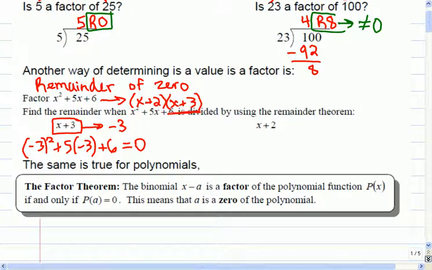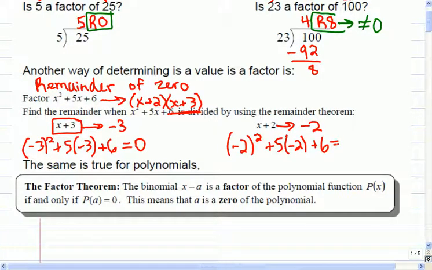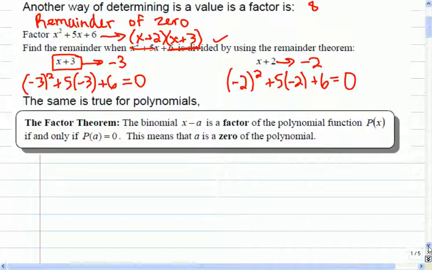Okay, so again, I'll verify it again on the other side. The number I'd be using is -2. So -2 squared plus 5 times -2 plus 6. That's going to be 10 minus 10. So again, it's 0. So it works for both factors that I get a remainder of 0. Okay? So this is what brings us to what's known as the factor theorem.